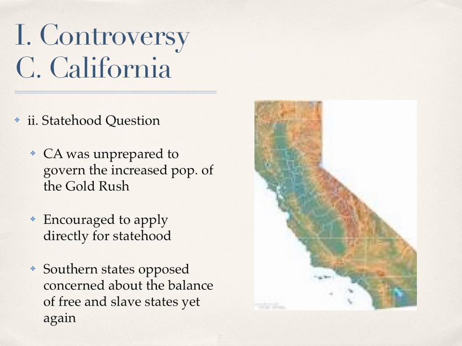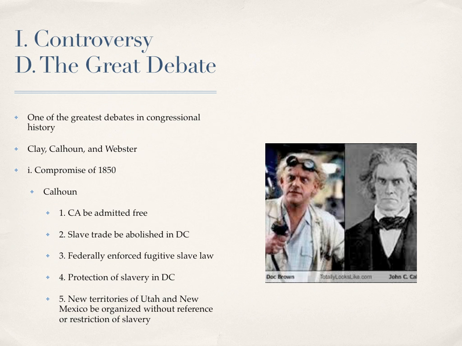It's probably going to come in as a free state and throw off the balance. So we have one of the greatest debates in congressional history take place over the issue of California statehood. We're going to hear from Henry Clay, from Calhoun, and from Daniel Webster. Altogether, this will get us to the Compromise of 1850.